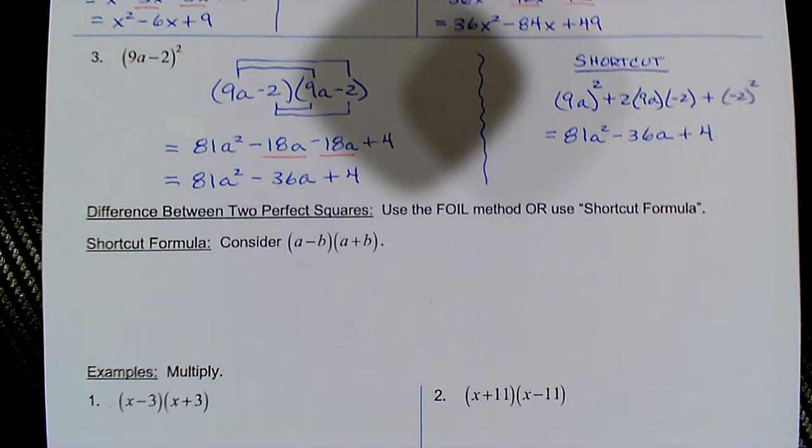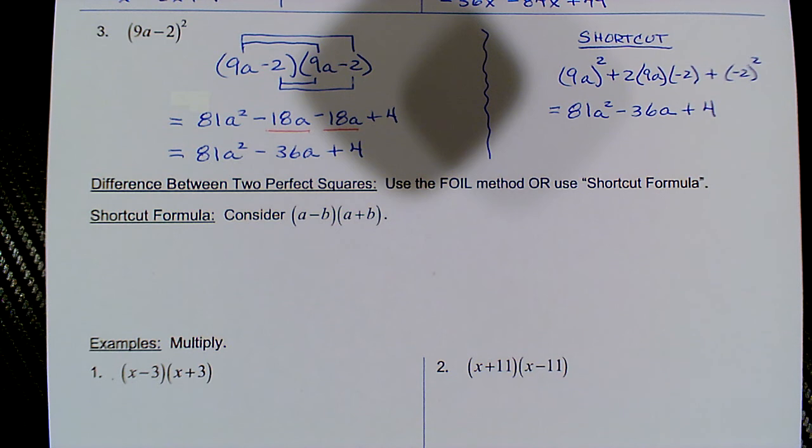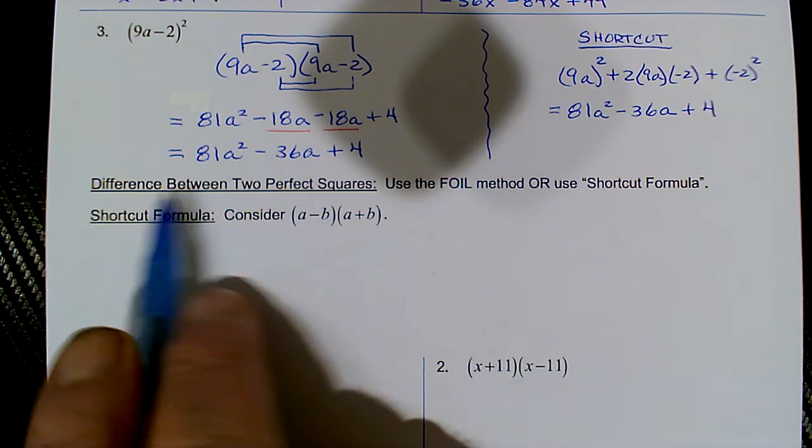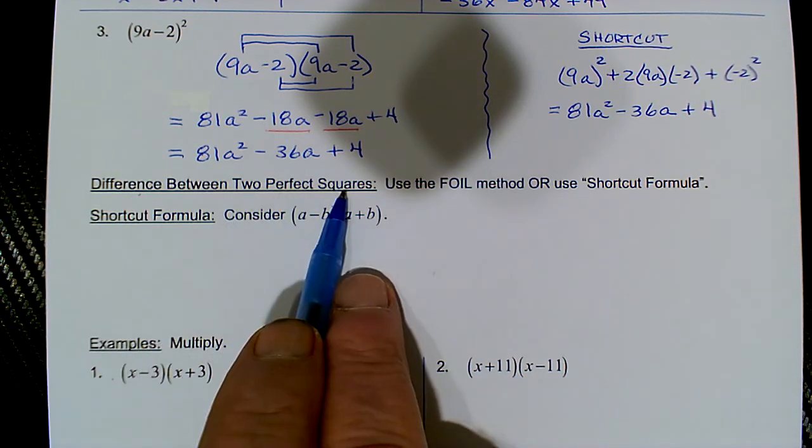And then we have something really special. When we look at, in the next unit, the concept of reversing multiplication, that is factorization, this is a very special product that comes into play quite often. And we refer to it as the difference between two perfect squares.